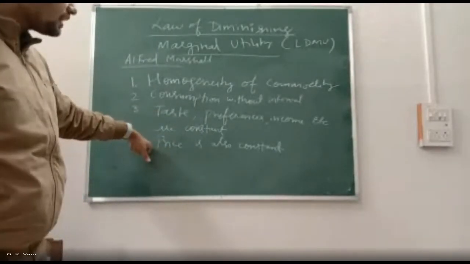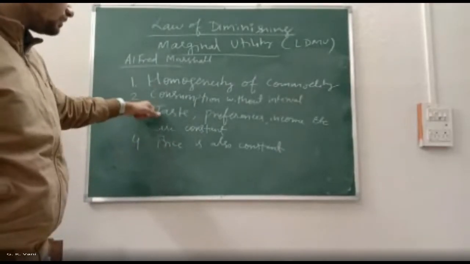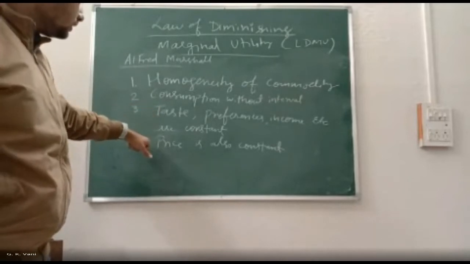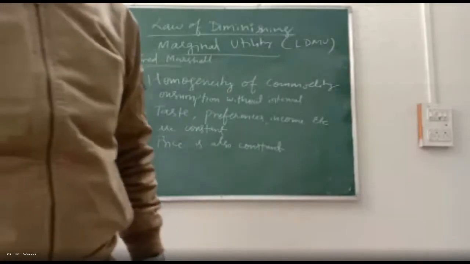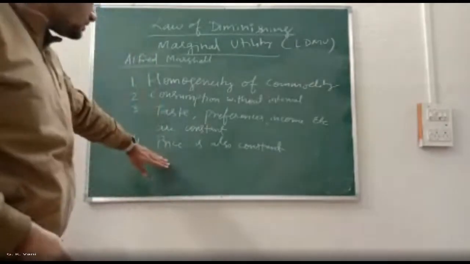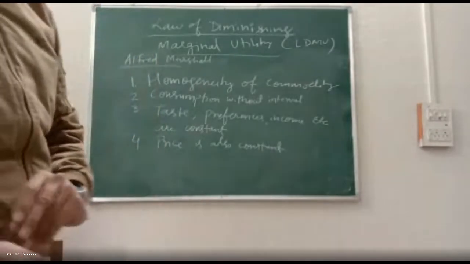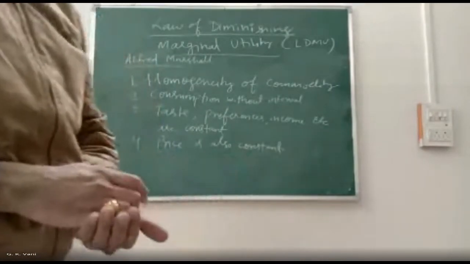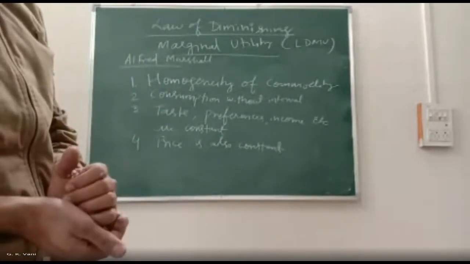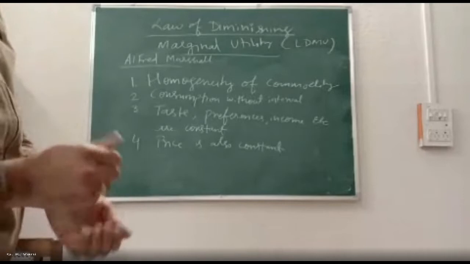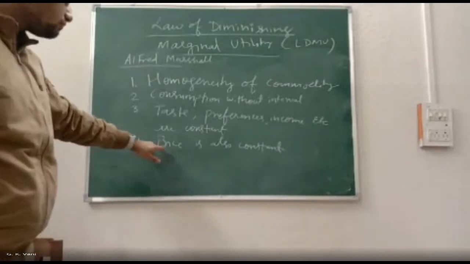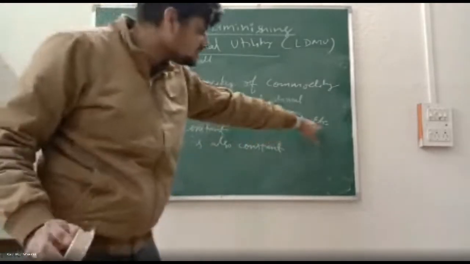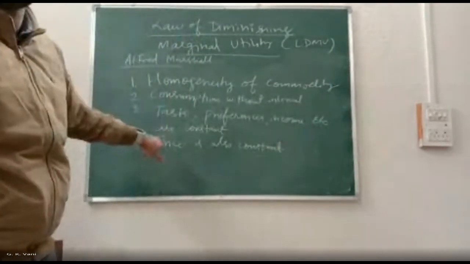And price we are writing separately; we could have considered it here also, because price is the major variable which can affect. We consider price because Marshall assumed utility is measured in terms of money. So price is another important variable which we cannot ignore in this etc. Therefore, we have written it here.